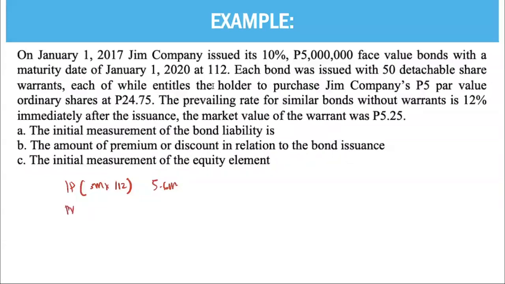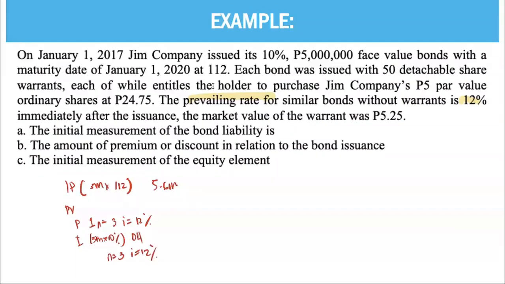To get the present value of the liability, you just need to use the prevailing market rate, that is 12%. So for the principal, we have present value of 1, N is equal to 3 (2017, 2018, 2019), I is equal to 12%. And for the interest, that is 5 million times 10%, we have ordinary annuity, N is equal to 3, I is equal to 12%.